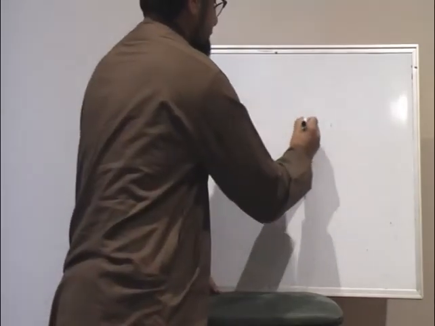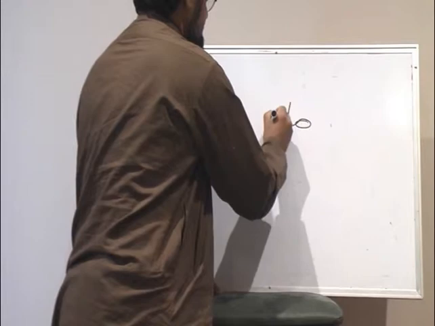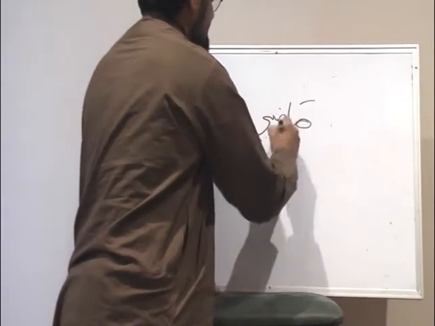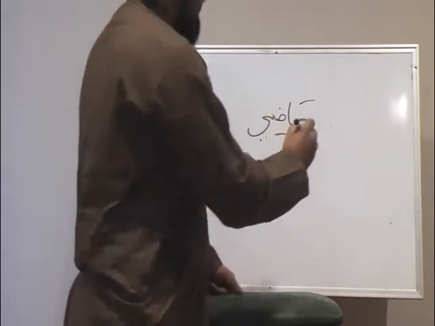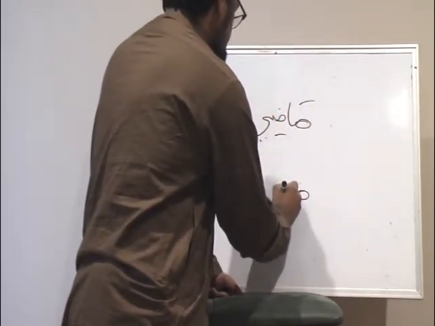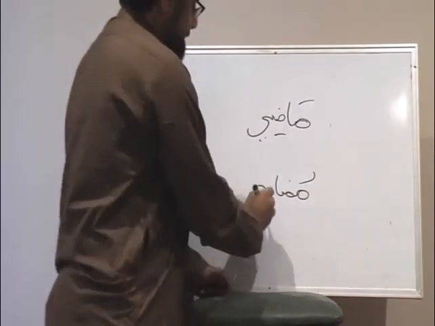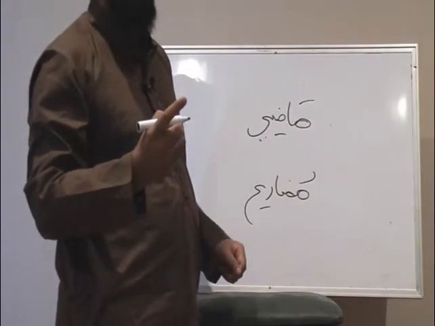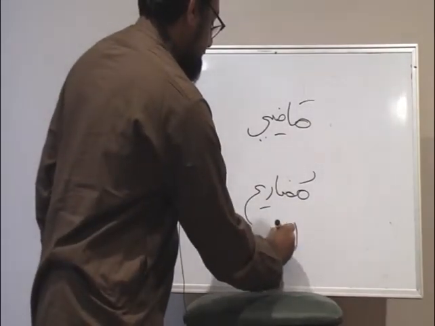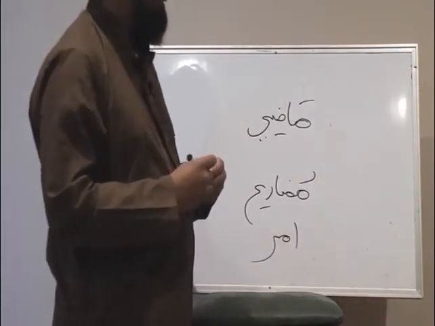So that's Madi, that's past, and then you've got the Mudare, which is the present or future, and then you've got the Amr, which is the command.